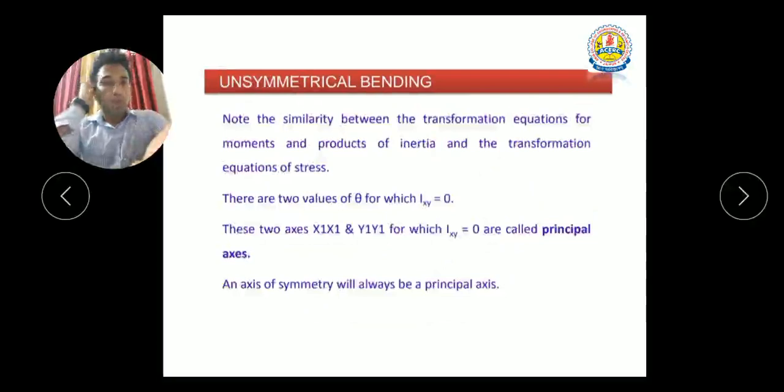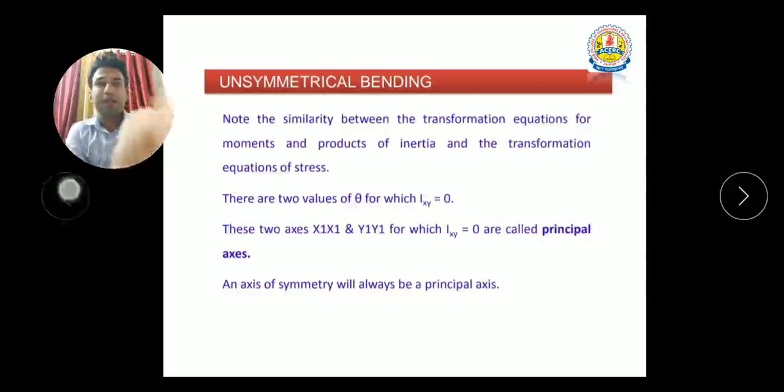These two axes x dash and y dash, for which Ixy is equal to 0, are always called principal axes. When we talk about symmetrical axes, Ixy is always 0.